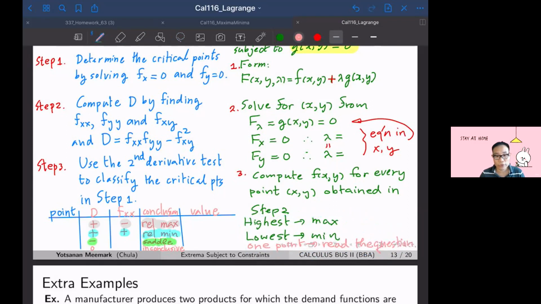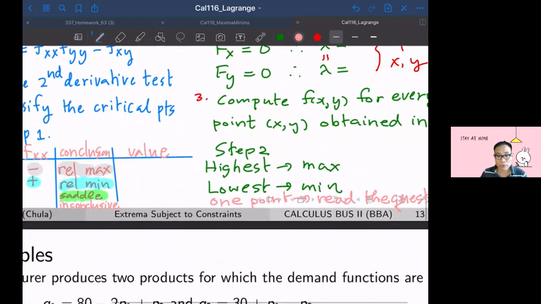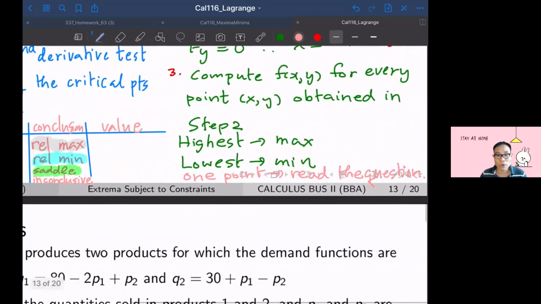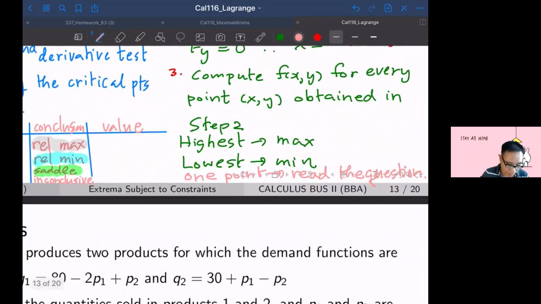You just read maximum or minimum from the question. So this is how we determine by the method of the Lagrange multiplier.